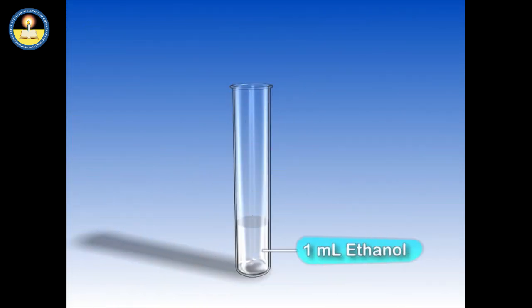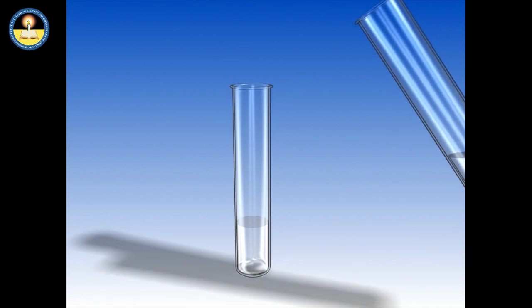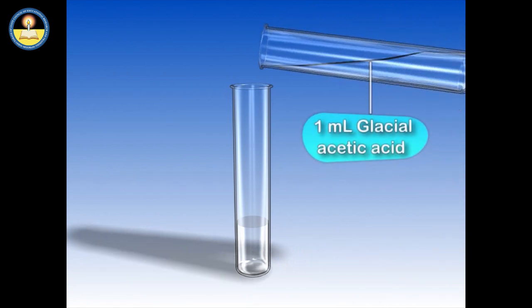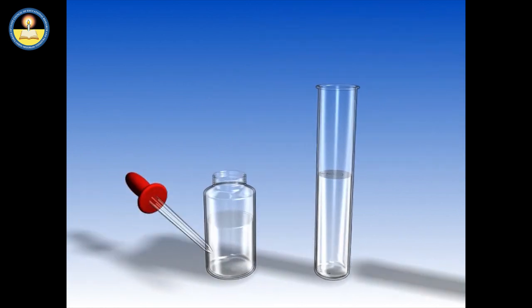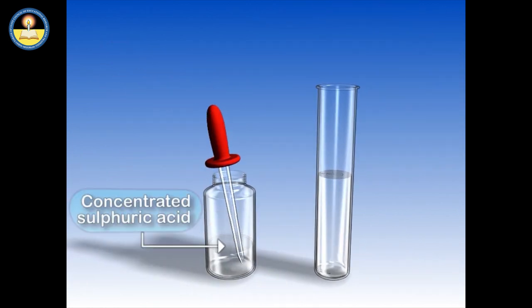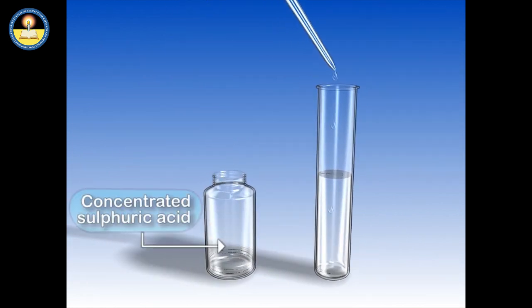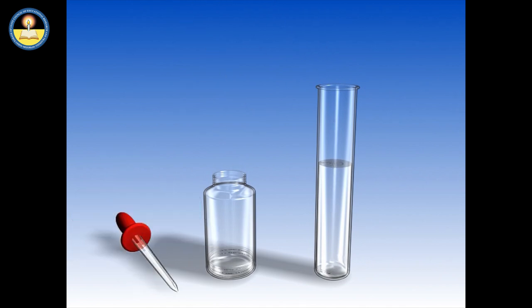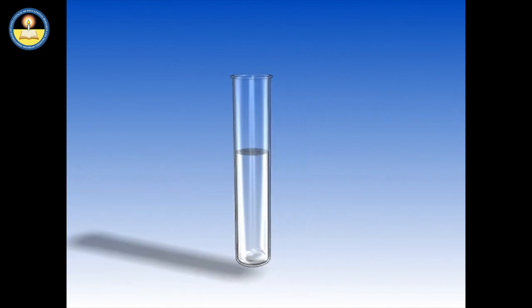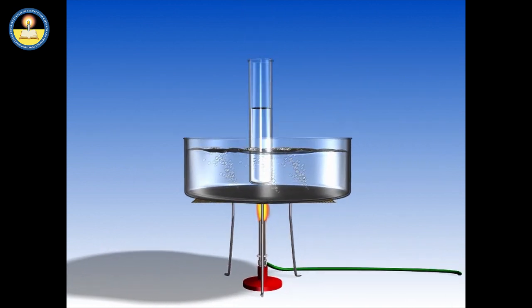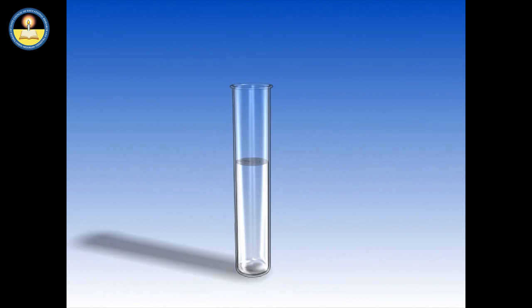We take 1 ml ethanol or absolute alcohol and 1 ml glacial acetic acid along with a few drops of concentrated sulfuric acid in a test tube. We next warm it in a water bath for at least 5 minutes.